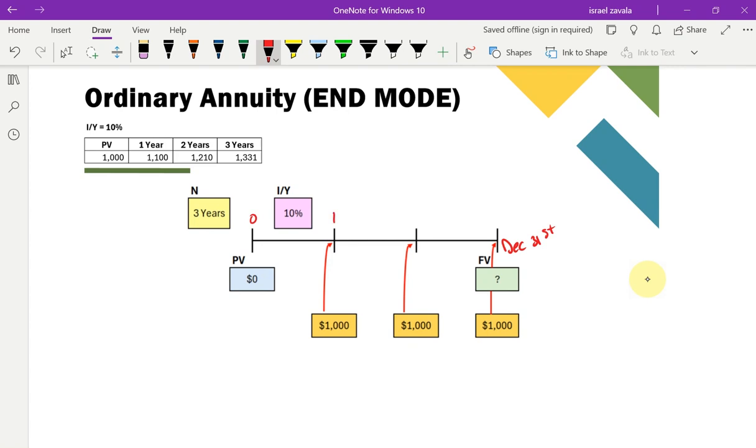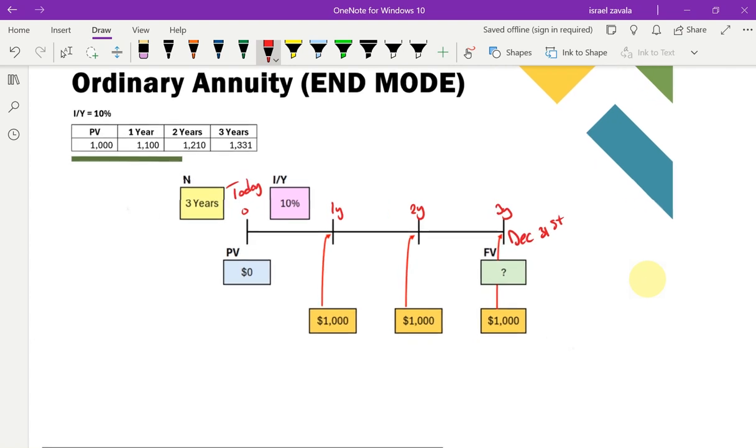So we have year 1, year 2, and year 3. Now, I put 0 here. This is typically known as today. So this is where you're looking from. You're looking from today. And in this question, we're trying to figure out in year 3, I'm going to pull my money out on December 31st. So what is the future value of these 3 payments that I'm going to be making, right?